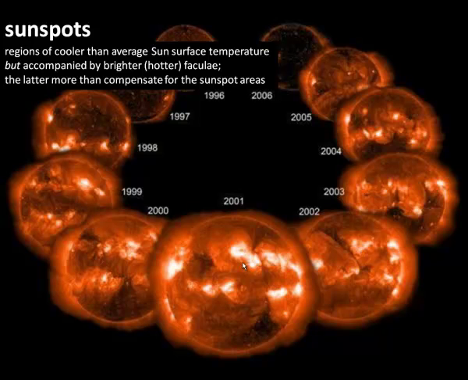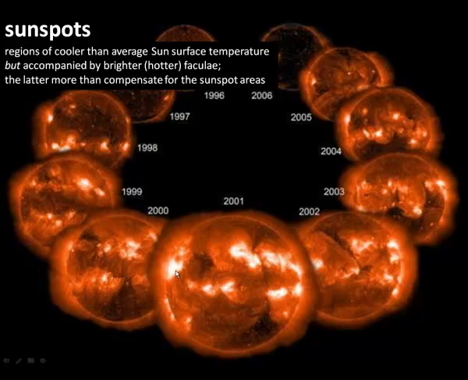At first examination, that's slightly puzzling, because a sunspot is a darker spot on the surface of the sun, and it represents an area in which the temperature at the surface is cooler than the average overall.